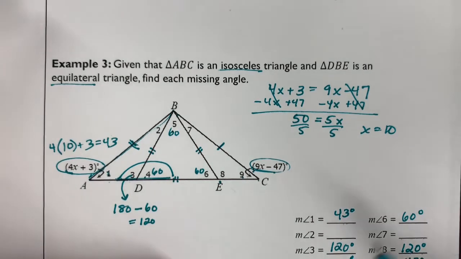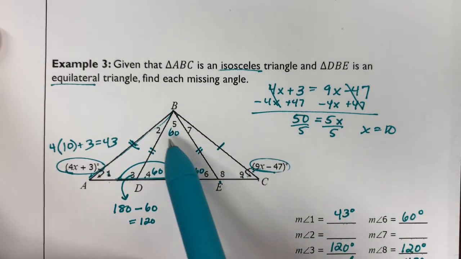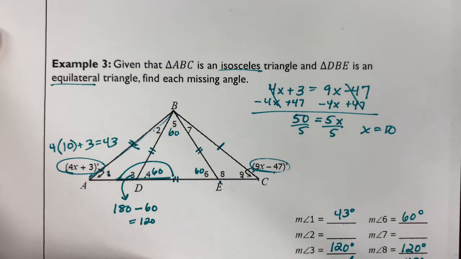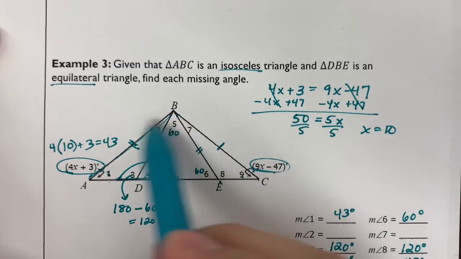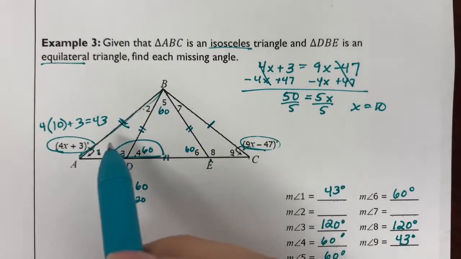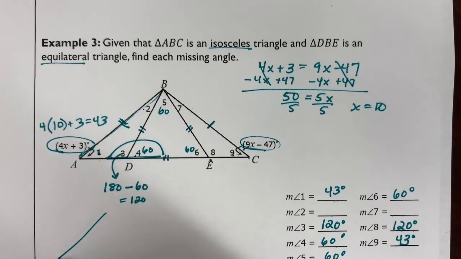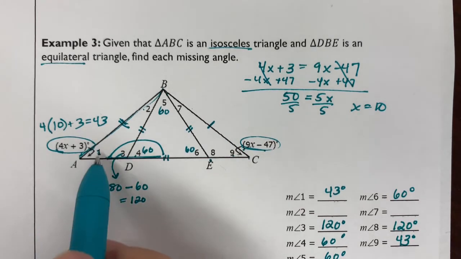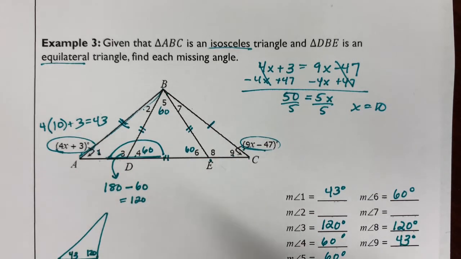Okay? So now I'm going to look at and figure out what is angle 2 and angle 7. Well, here's the thing. I'm going to go ahead and redraw this triangle separately, triangle ADB. So I'll draw it out like this. So I already know that this angle is 120 degrees because I figured that out earlier. And I know that angle 1 is 43 degrees.